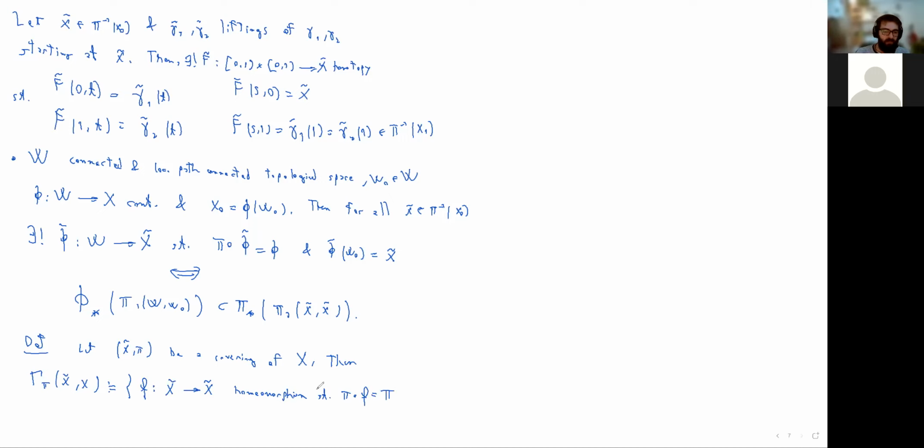So we can think of them as symmetries of the covering, and this is the deck transformation group. And we can see that it is a group, in fact.